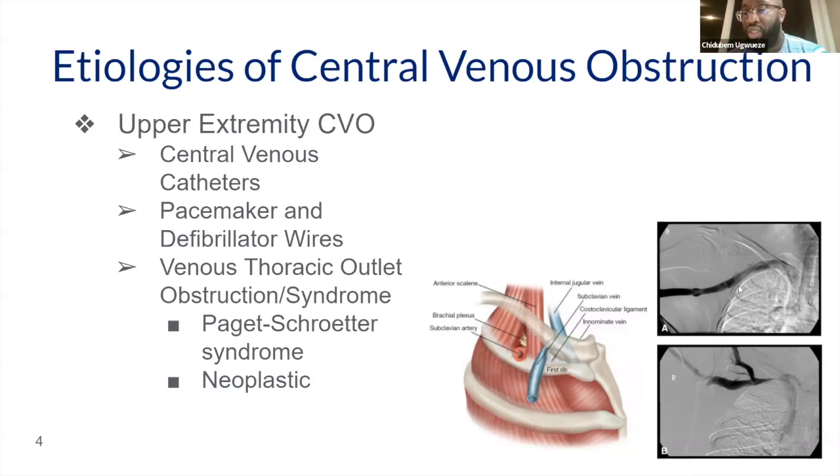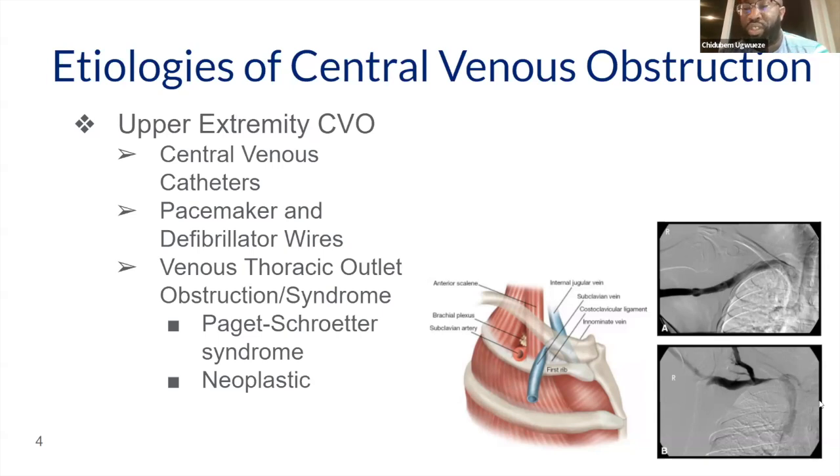On this venogram on the bottom right, the first image is of the right arm, a brachial venous venogram showing nice flow through the subclavian vein towards the brachiocephalic vein and superior vena cava. However, when this patient abducts their hand, you see that this flow is impeded because there's impingement and narrowing of the subclavian vein at the junction between the clavicle and first rib.